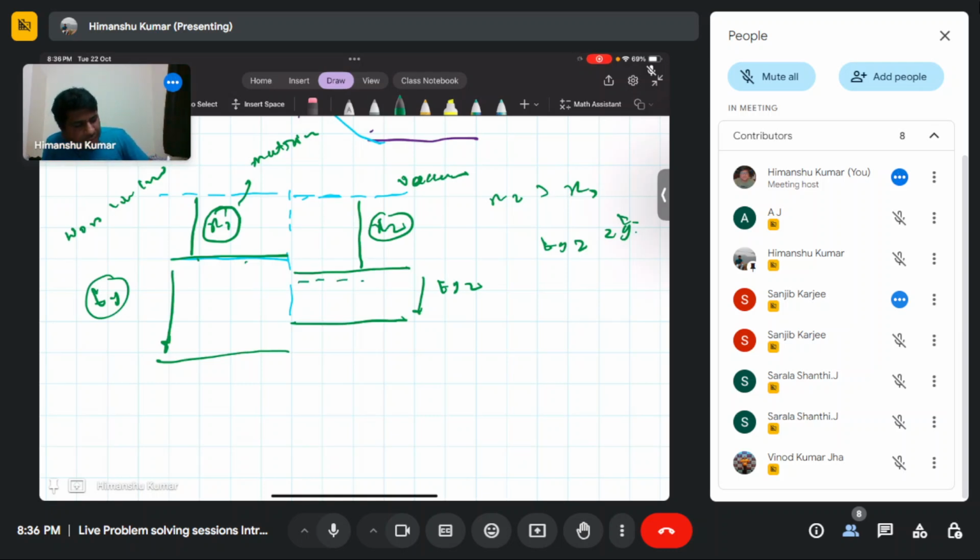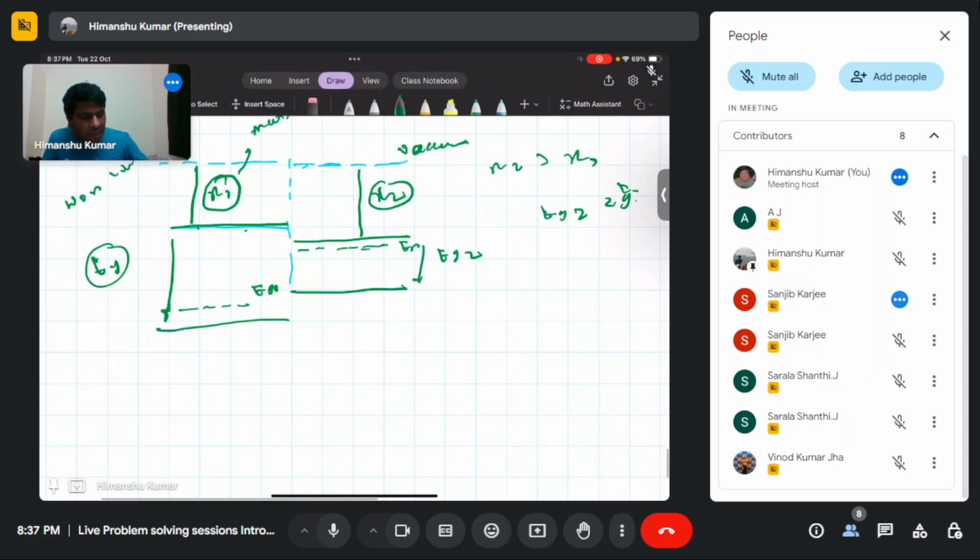And you can draw EFP and EFN, so this is EFP and this is EFN. You draw the Fermi level based on the concentration of electrons and holes. In the band diagram, the gap at the junction between EC of the P side and EC of the N side will always be constant because it is material dependent.